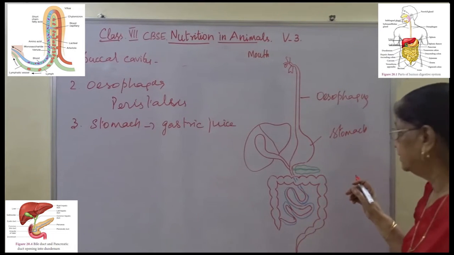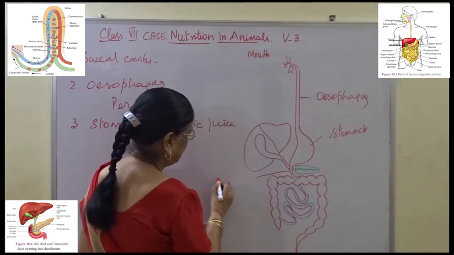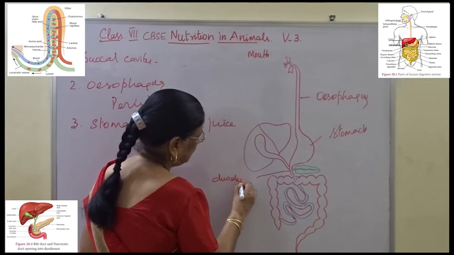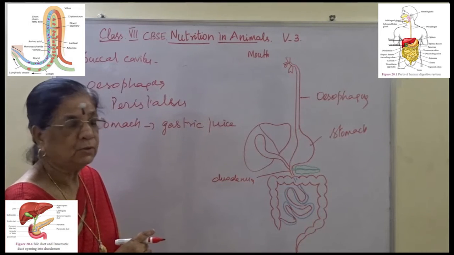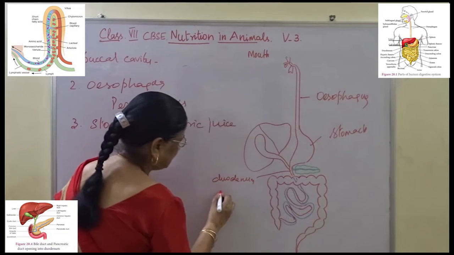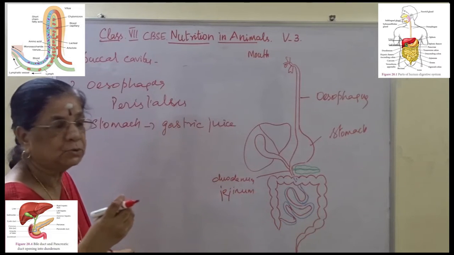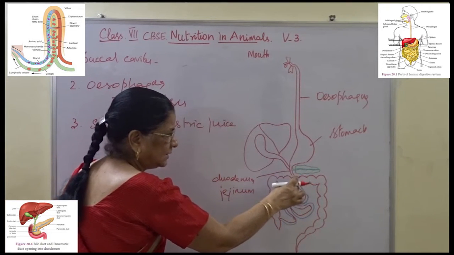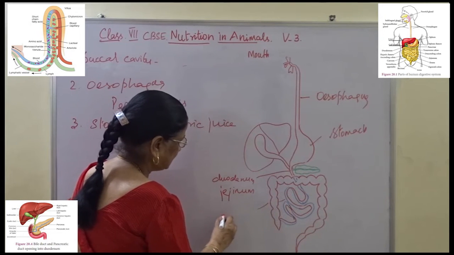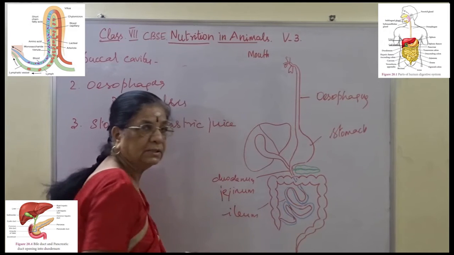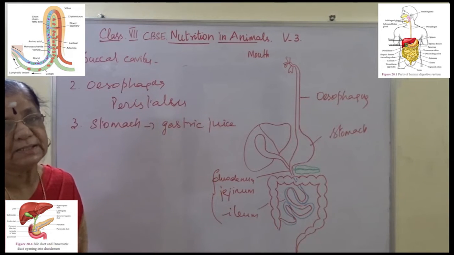Now this stomach is continued as the small intestine, where the U-shaped structure is called duodenum. And this blue portion is known as jejunum, the small intestine portion. This line crosses over, so I have put the dots on this blue line. And then this small portion is the ileum. These three together constitute the small intestine.